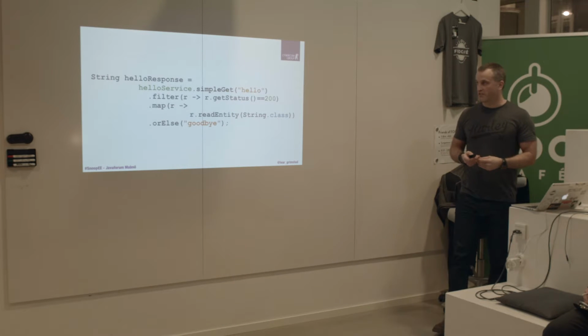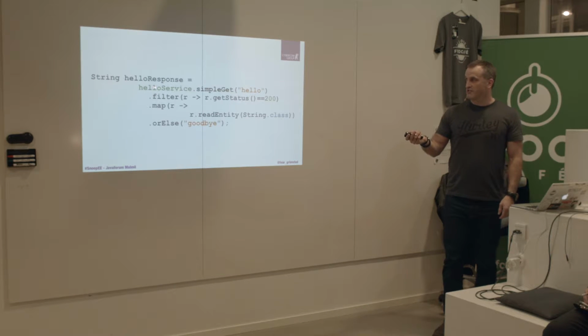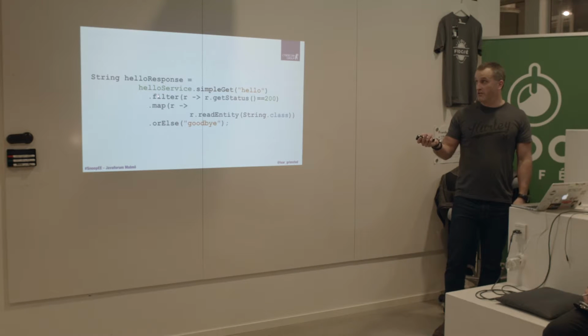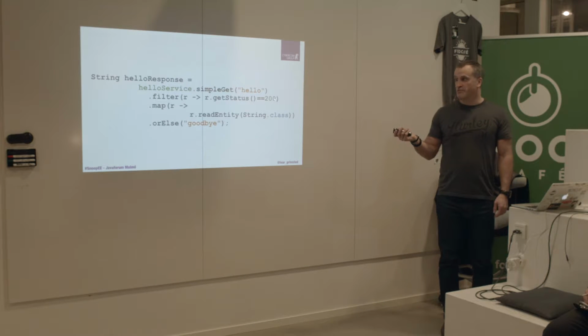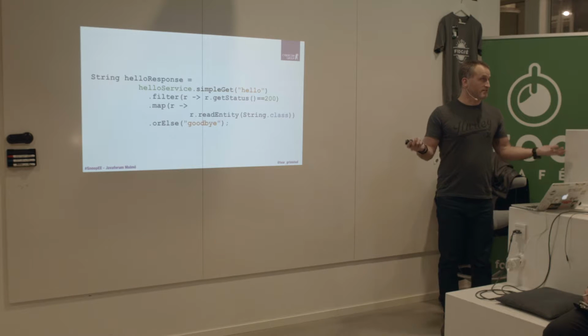And this is a complete code example of how you can do it. I have the hello service reference. I do a simple get. I get an optional back. The optional I can filter, and I can filter for HTTP 200. And if I get a 200, I just get, in this case, the string entity.